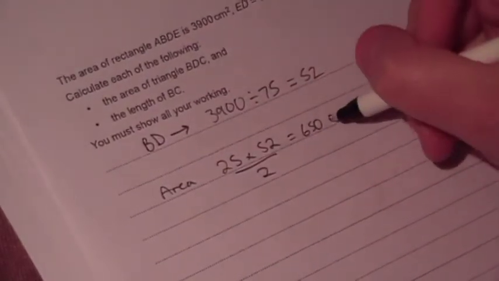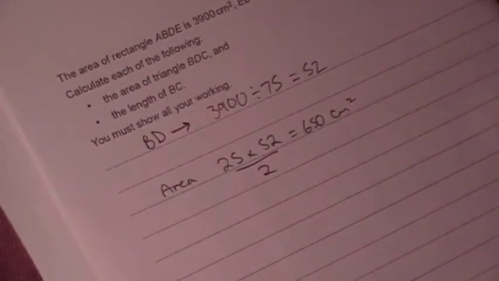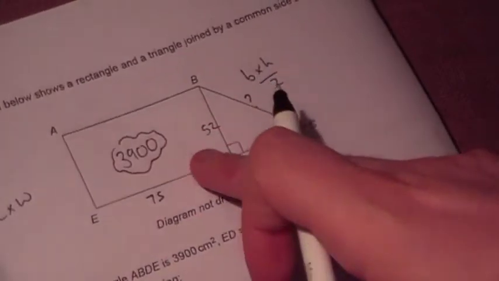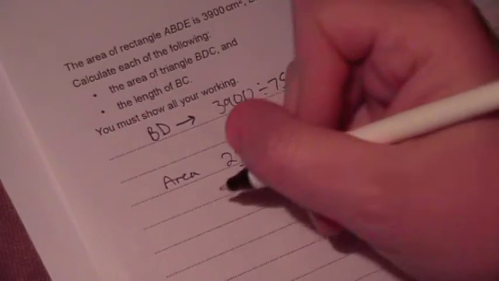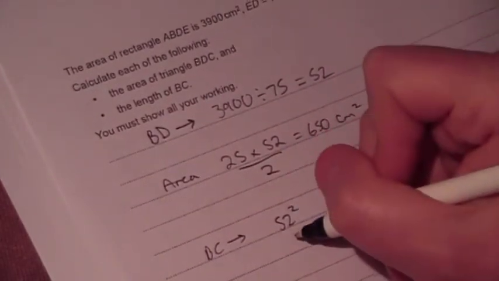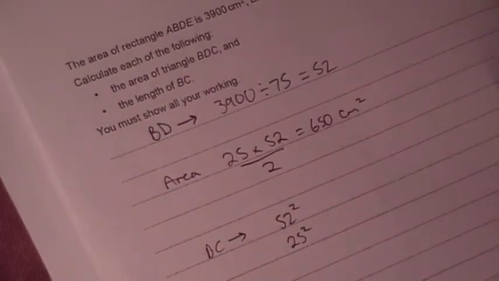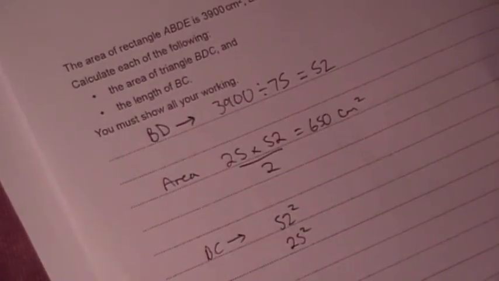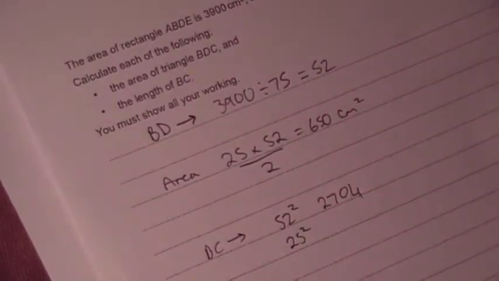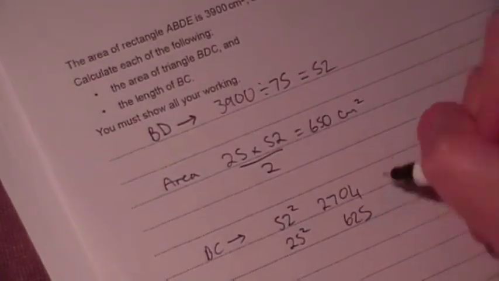And I'm going to put centimeters squared, so I'm dealing with an area. And the length BC is going to be found by going square, square, add, square root. So BC will be found by doing 52 squared, 25 squared, and then adding them together. 52 squared comes out to be 2704. 25 squared comes out to be 625.